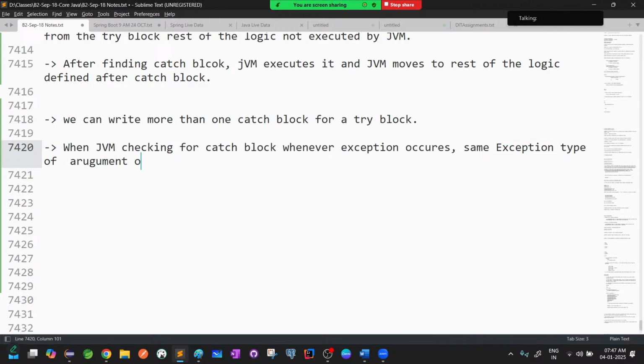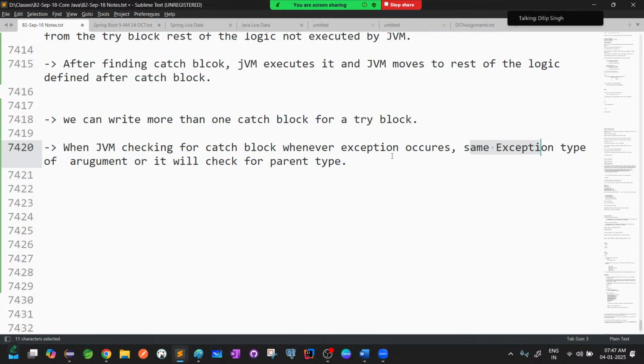or it will check for the parent type also. So the moment you get an exception in the try block, it will reach the catch block section and check whether there is any catch block defined with the same exception type or at least its parent, the parent class type of whatever exception you got.